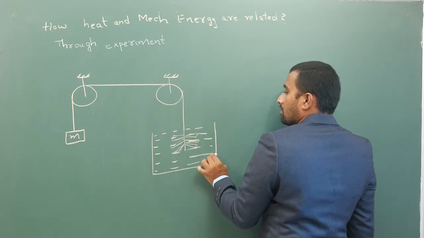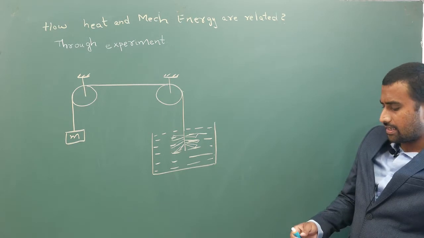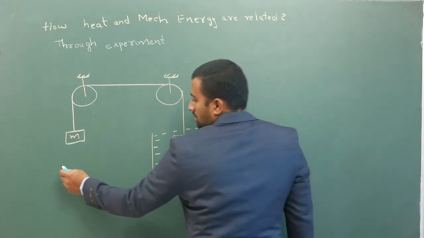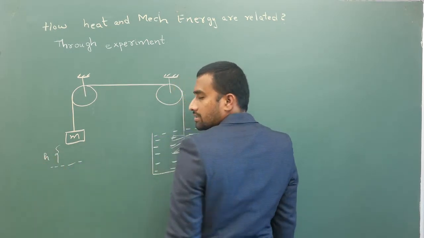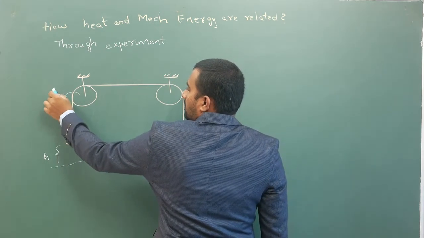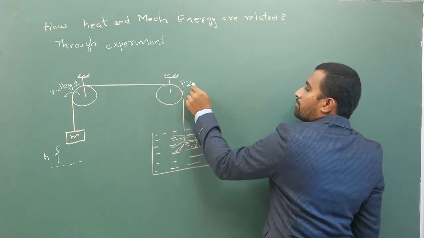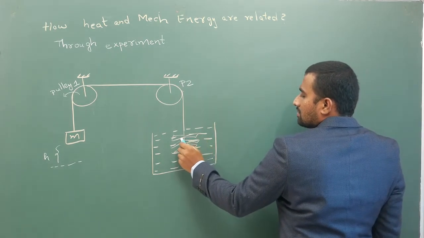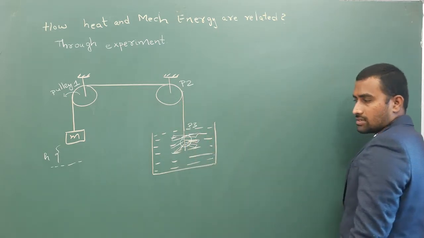Now if you look at this experiment, if there is no heat energy loss, and this mass drops down by height h, let us say this is pulley P1 and this is pulley P2, and there is a pulley arrangement here, let us say 3 pulleys like this.